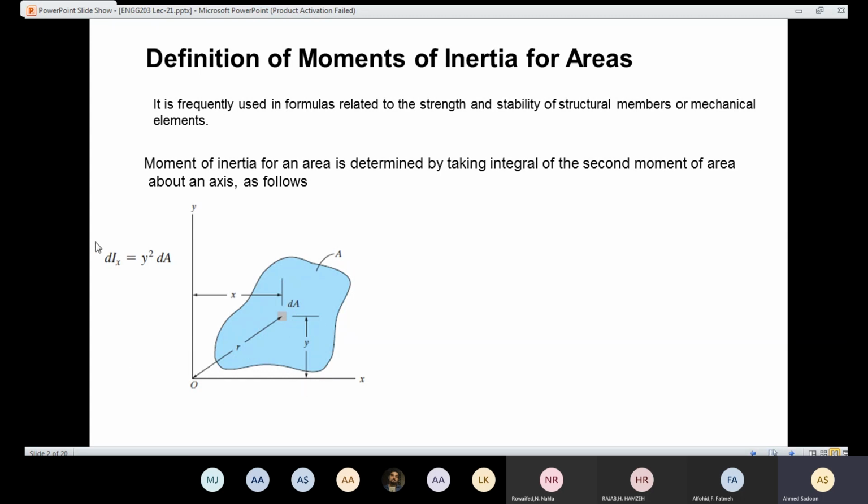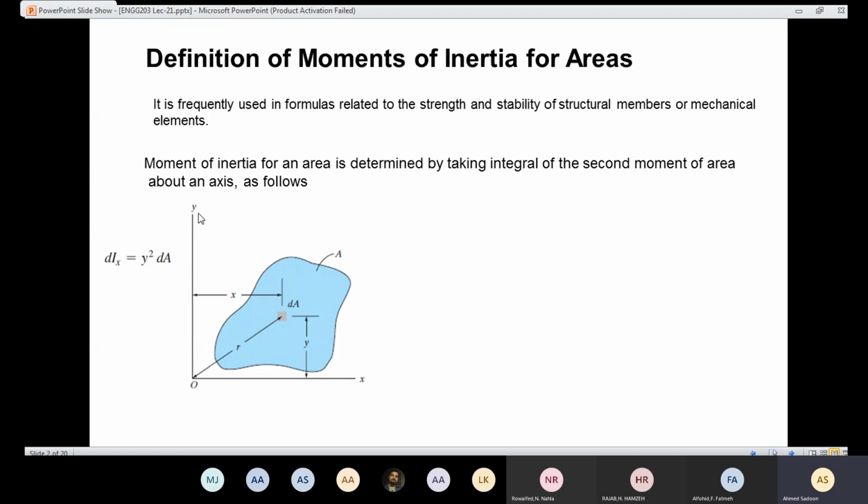So the differential moment of inertia about the x-axis is going to equal y squared, the distance here, times dA, the differential area. Now, to get the whole moment of inertia, I need to integrate.